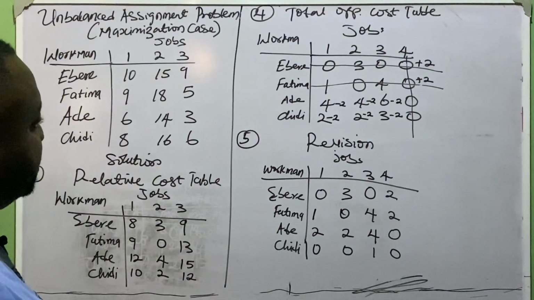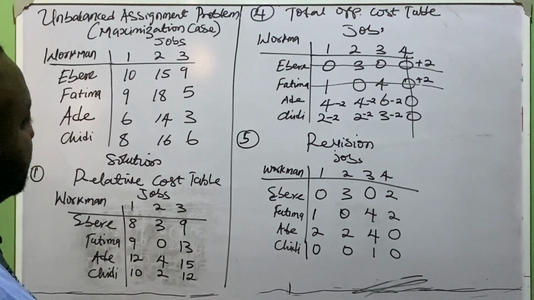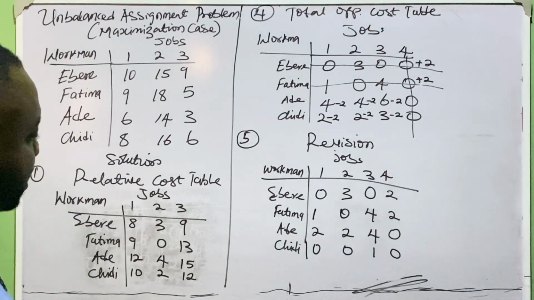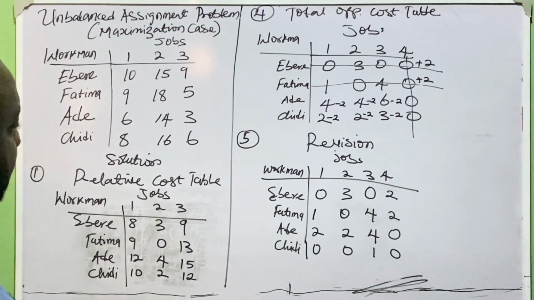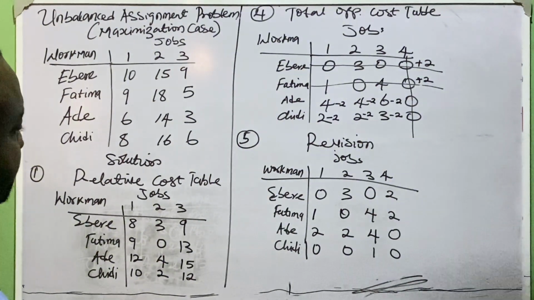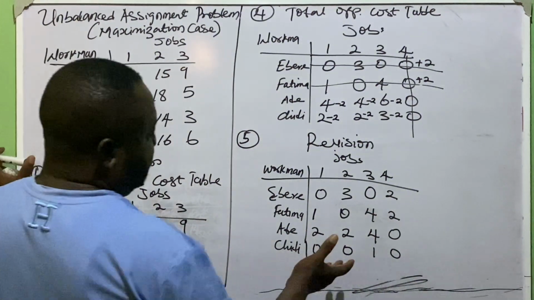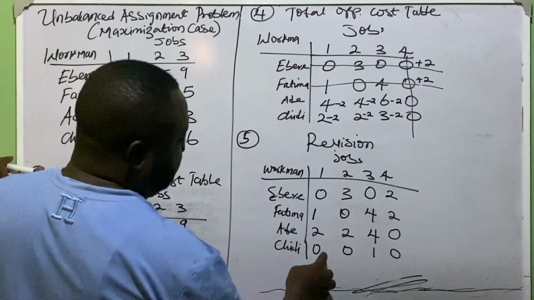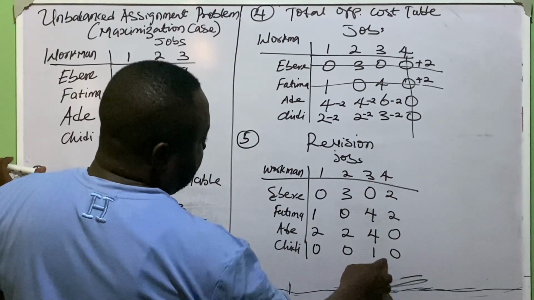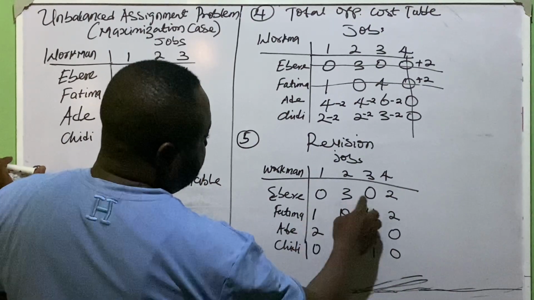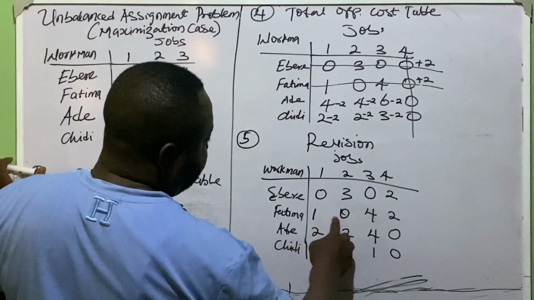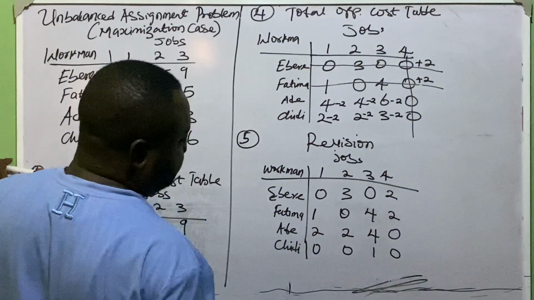So the next will be to check if you can get 4 lines to cover all the zeros. Now I can see 3 zeros here in row Chidi. There is no place that will have 4 zeros at this point. I can see 3 zeros here, and I can also see 2 zeros here. Then I have this one, and I also have this one.